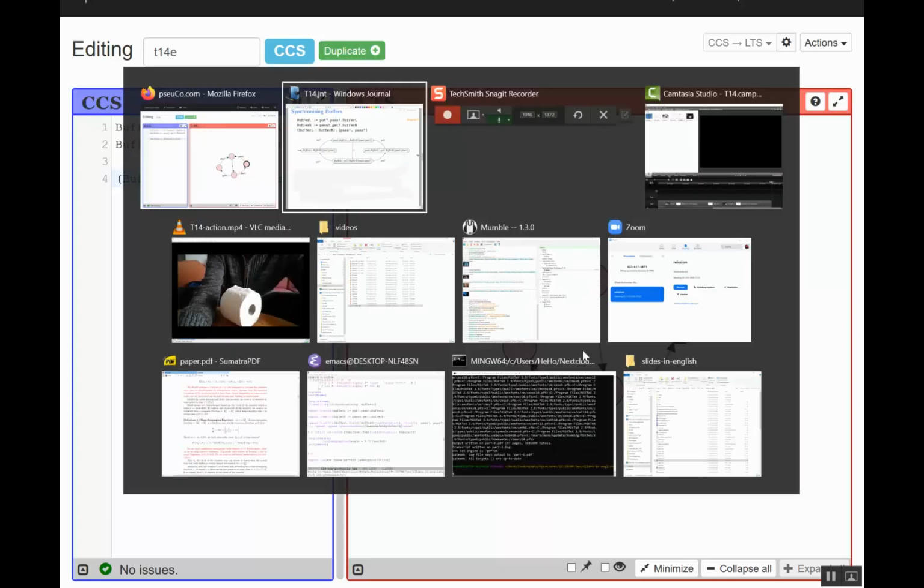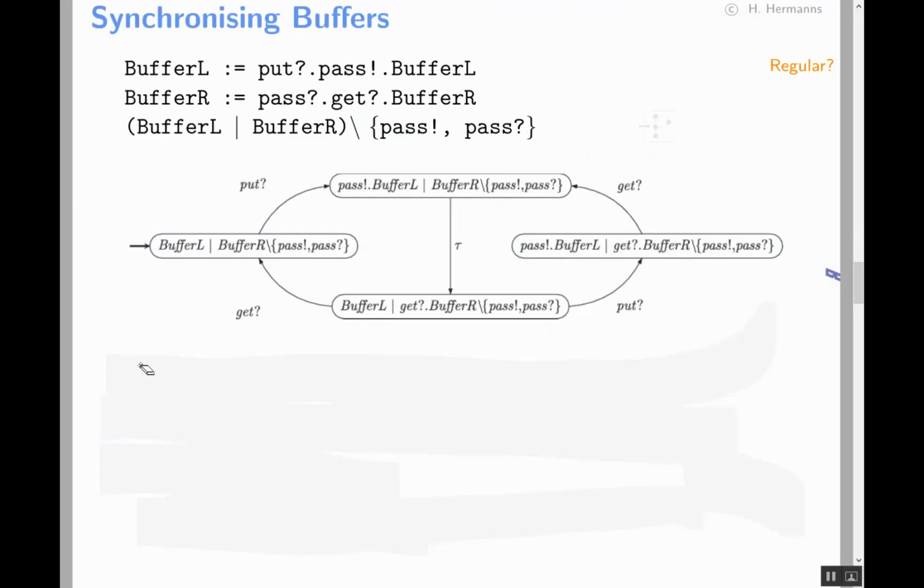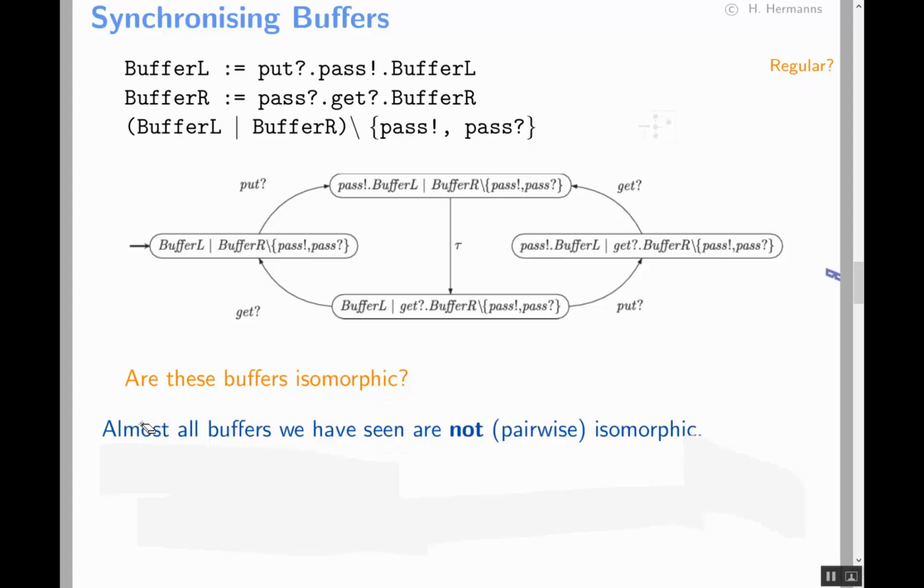So what we learn here is that the answer to the question, are any of these buffers isomorphic? The answer is yes. There was a pair that was isomorphic. I invite you to find back which one it was, but several were not, right? But, well, except for the first one that was a one-place buffer, it seemed like all the others were two-place buffers, right?